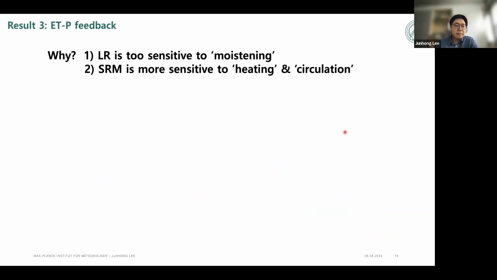Then I wonder why, again, and we made two hypotheses. First, the low resolution simulation is too sensitive to the moistening process. Second, the storm resolving simulation is more sensitive to heating and circulation processes.